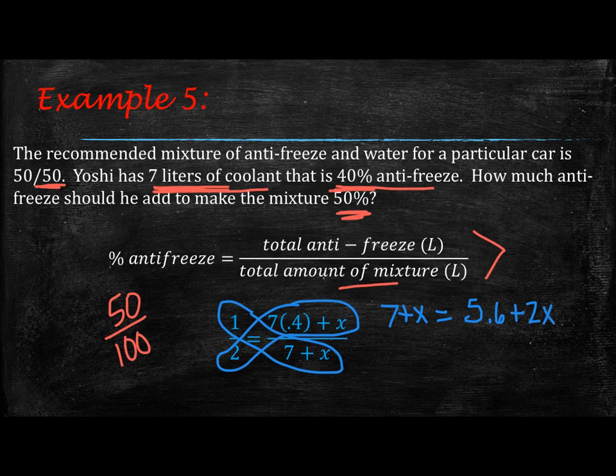At this point, we're just going to solve it. So I'm going to subtract the x to come over here, and then subtract the 5.6 to go to the other side. So I would get 1.4 equals x. So that is how much I would need to add, 1.4 liters, in order to get that combination.